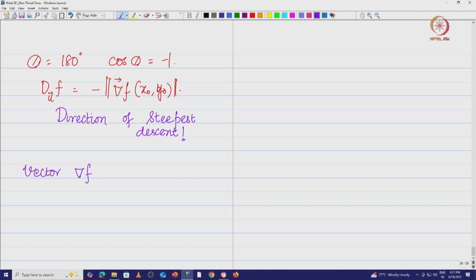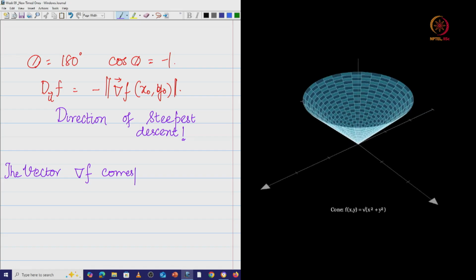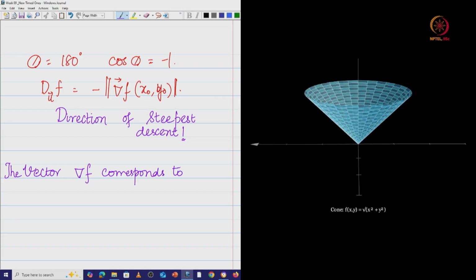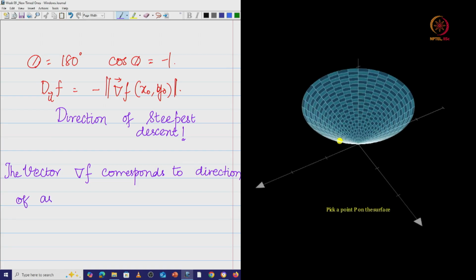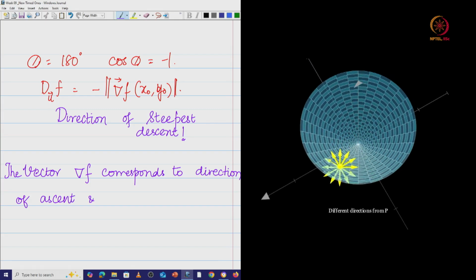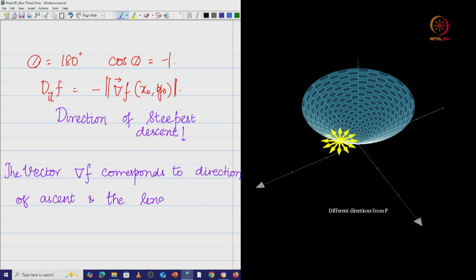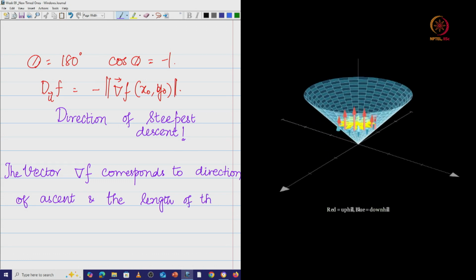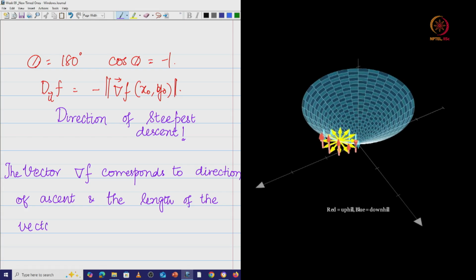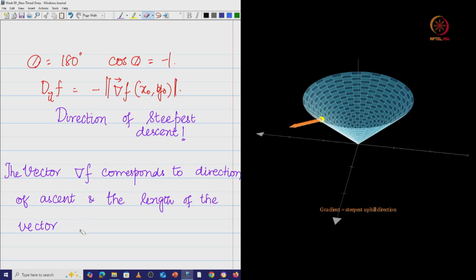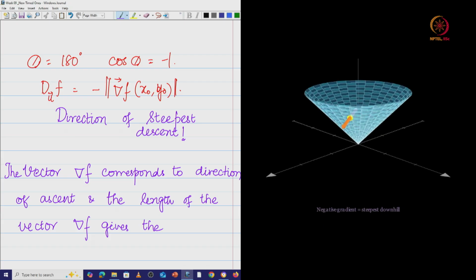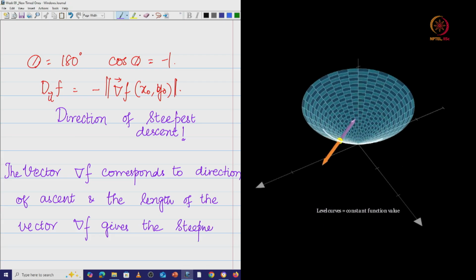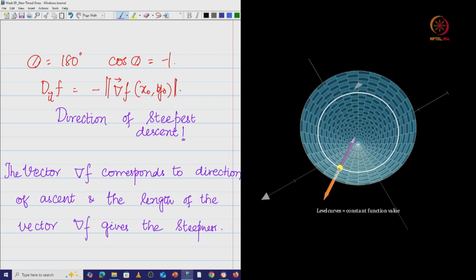So, the vector gradient of f corresponds to the direction of ascent, and the length of the vector grad f gives the steepness.